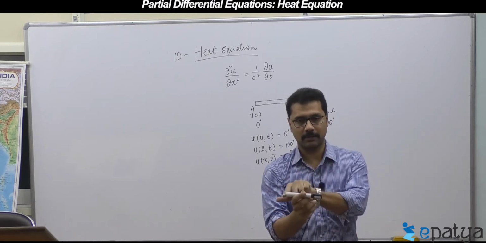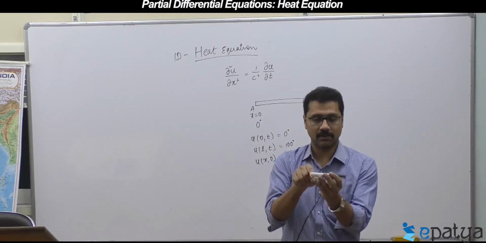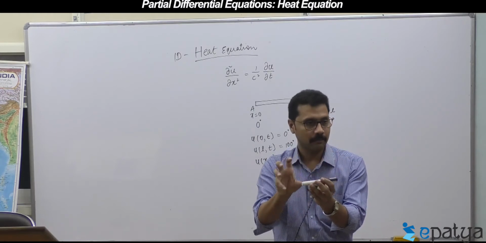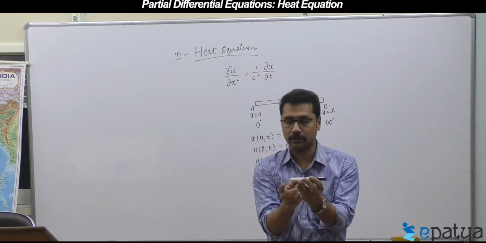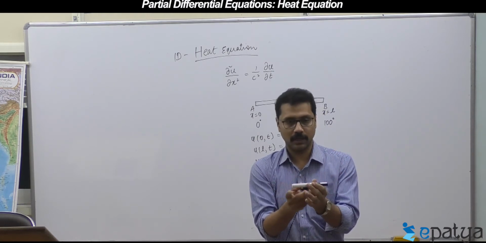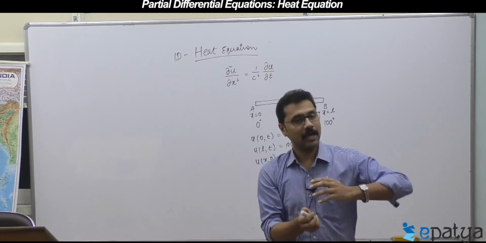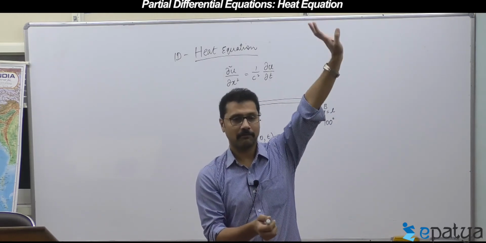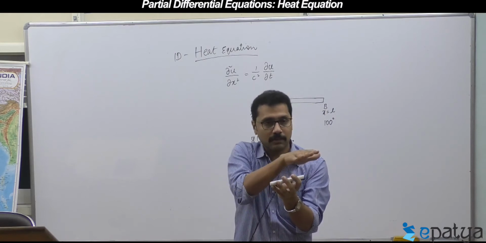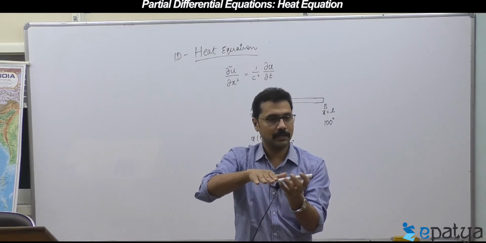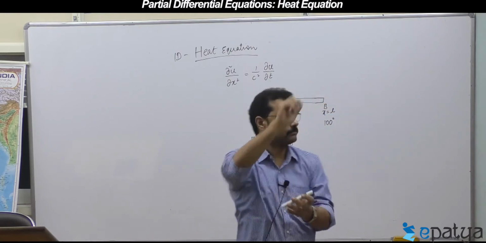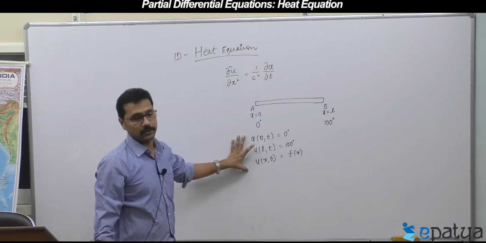Since some temperature distribution already exists, it will be redistributed to suit 0 here, 100 here. As T goes to infinity, finally the temperature inside will also come to steady state, which maintains 0 here and 100 there. This is the one which we are going to solve.